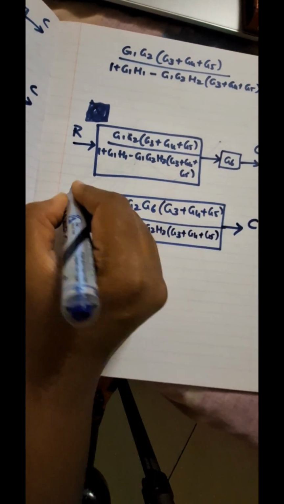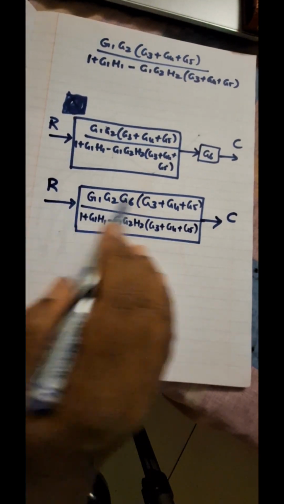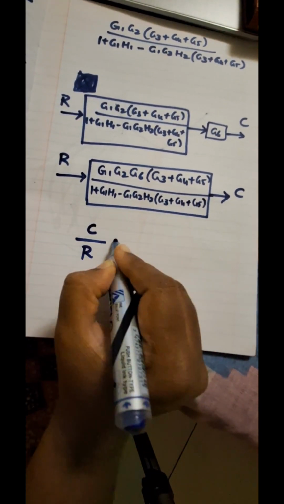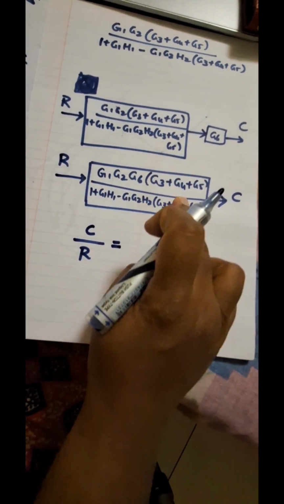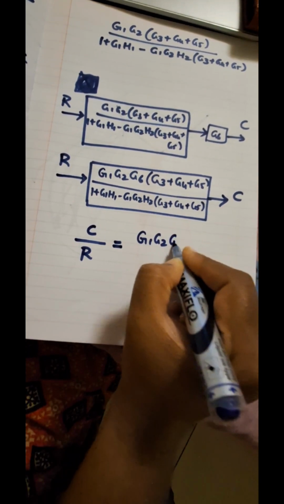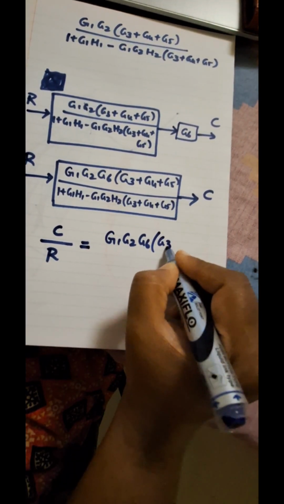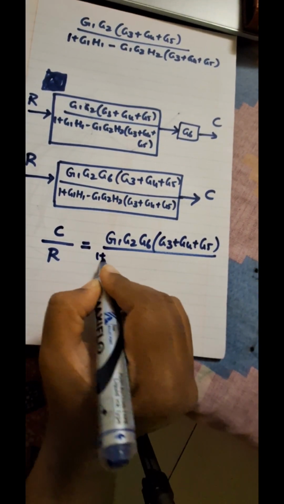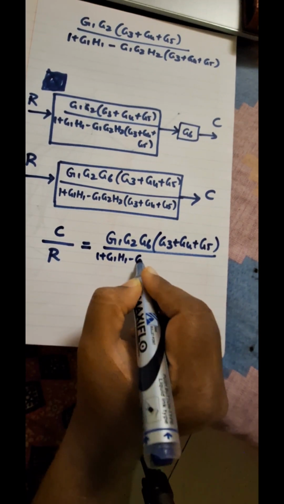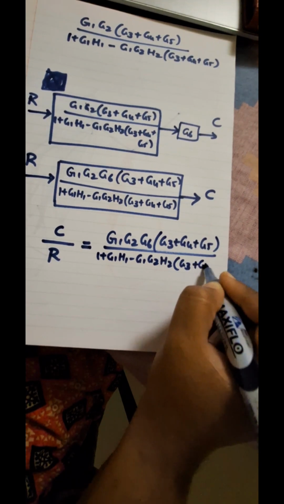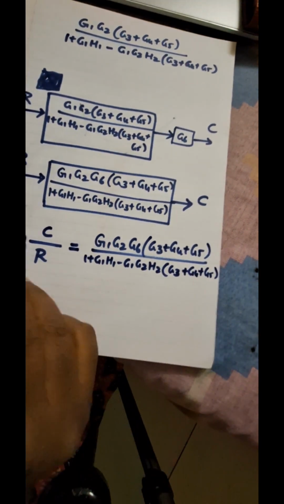With C and R, this is input, this is output. Question is what? Output by input is equal to the gain, which is a block. So this is our overall gain. What is our overall gain? G1, G2, G6 into (G3 plus G4 plus G5) by 1 plus G1 H1 minus G1 G2 H2 into (G3 plus G4 plus G5).